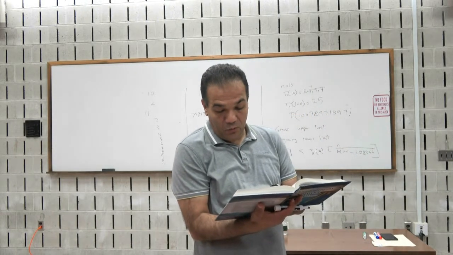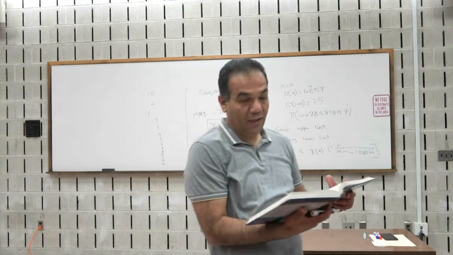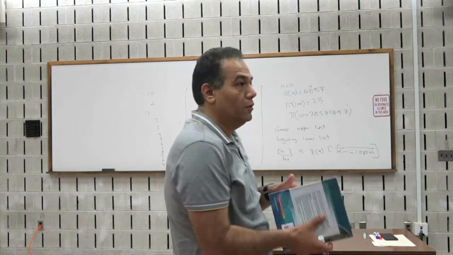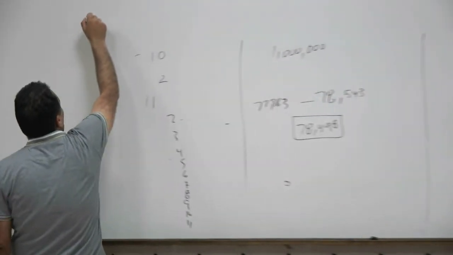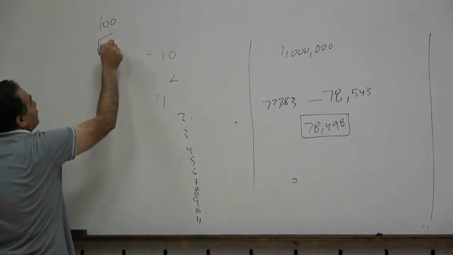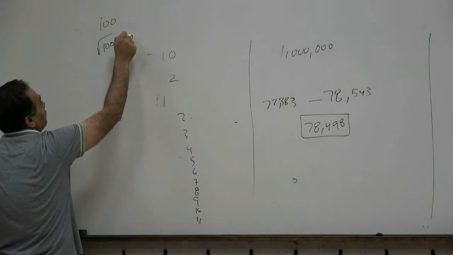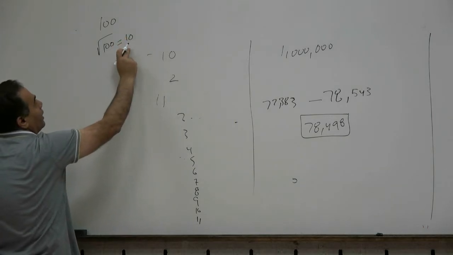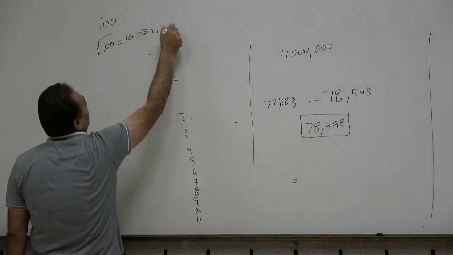We need to see if the number is divisible by any primes less than the root. For example, to see if 100 is a prime, what's the root of 100? It equals 10, right? So I need to look at the primes less than 10. What are the primes less than 10? 2, 3, 5, 7.